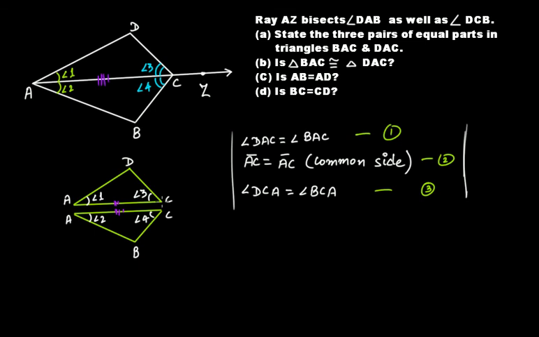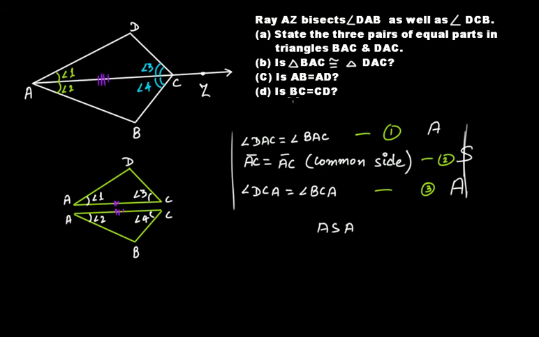In this one, AC is the common including side of 1 and 3. In this triangle, AC is the including side of 2 and 4. And from these three, we can say that angle, side, angle, two angles and the including side. That's really very important. The including side of these two angles. So ASA property is being satisfied. Yes, if ASA property is being satisfied, these two triangles will be equal.